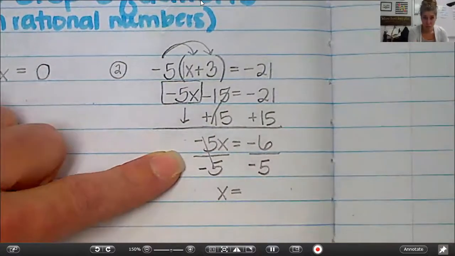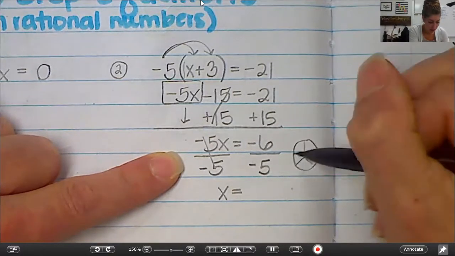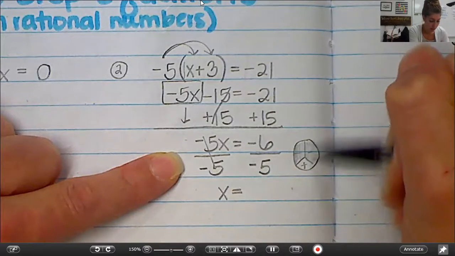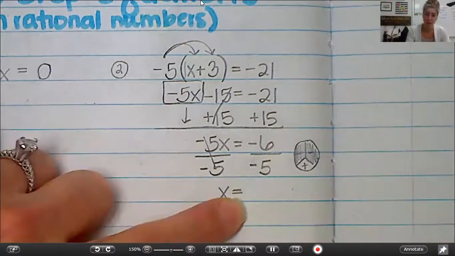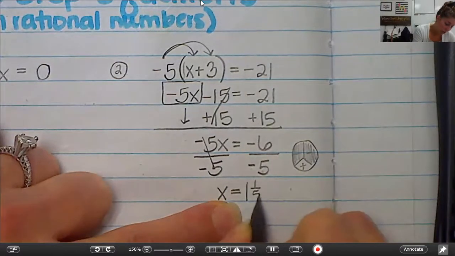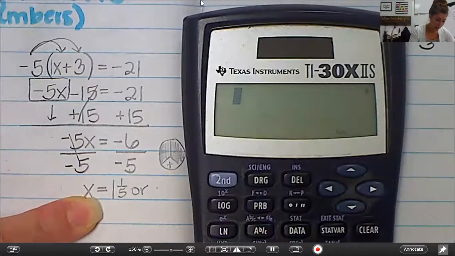Then I want to remind you of some tools here you can use. Remember when we're multiplying or dividing, you can use that kind of circle tool, I think is what we called it from the beginning of the year. A negative and a negative make a positive. So 5 goes into 6 once with 1 out of 5 left over. Or you could obviously grab your calculator and do 6 over 5.